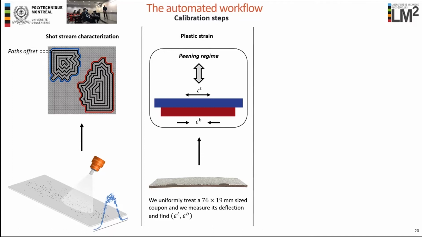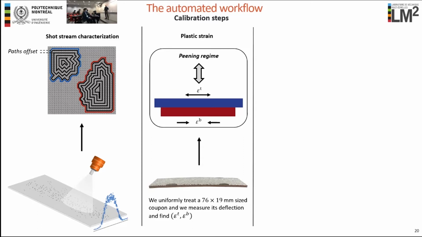Another step of the calibration, which is maybe the principal step, is to establish the relation between the actual peening parameters and the eigenstrengths, epsilon top and epsilon bottom. To do this, we fix the peening parameters and we treat a set of small coupons uniformly.